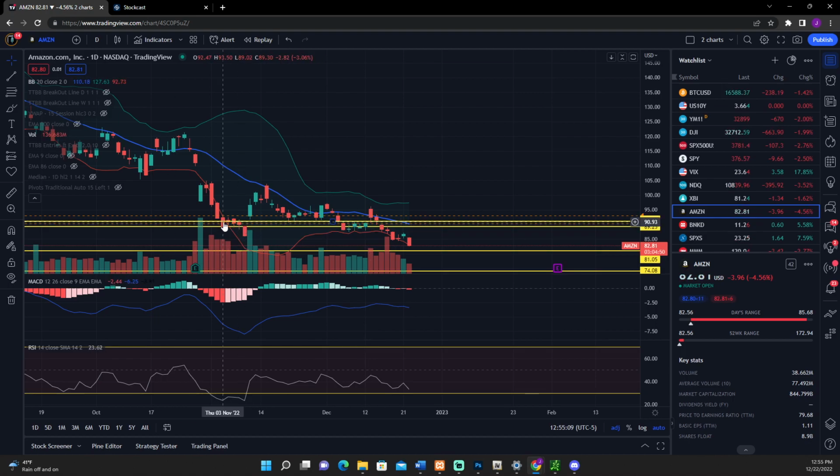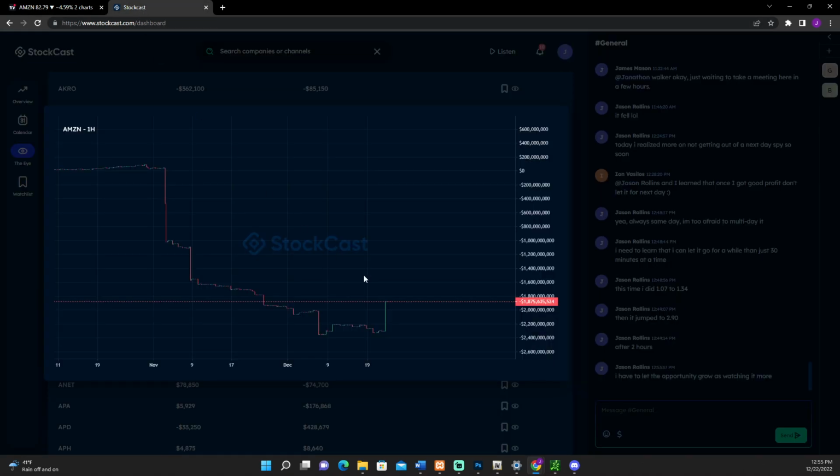They started that short around November the 2nd. So as the market keeps going down for Amazon, in their portfolio it's going to look like they're buying, and that's them really covering. We can see them coming up from these short positions, this negative balance, and we'll just have to see what it does in the future.